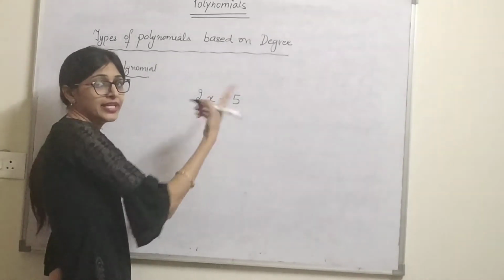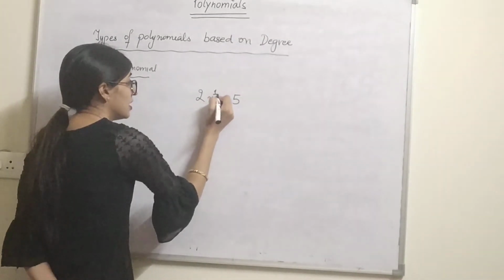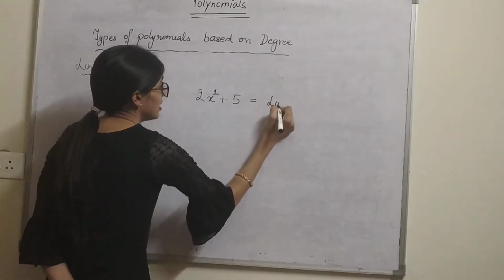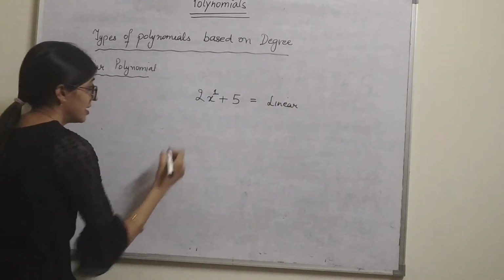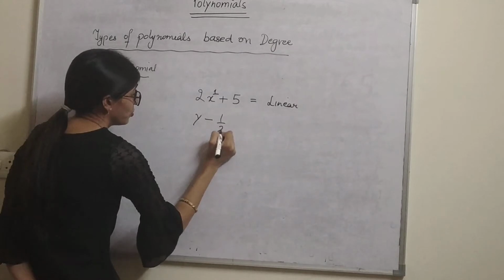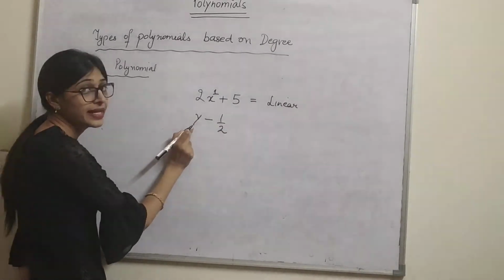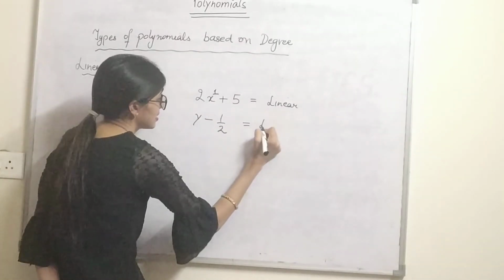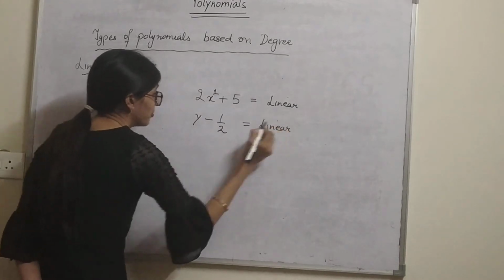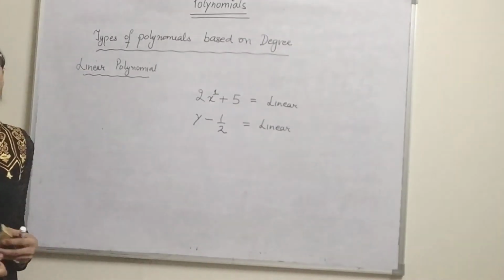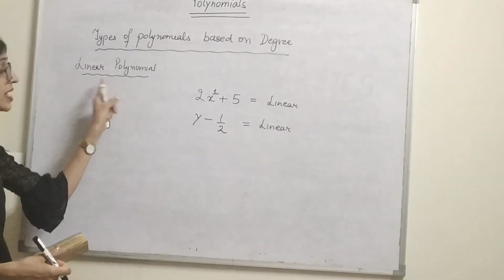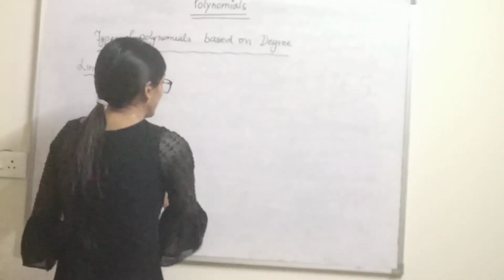Here the degree of the polynomial is 1 because 1 is the highest degree here. So this is a linear polynomial. Y minus 1 by 2. Here the highest degree is 1, so this is a linear polynomial. Where the highest degree of the polynomial is 1 is known as a linear polynomial.